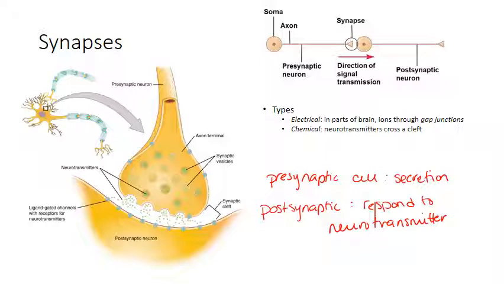Let's identify the pieces of our synapse. First of all, I'll show you here is the axon of our presynaptic neuron. Here are going to be where we have our synaptic knobs. They are communicating with the dendrites. Remember, the dendrites are where most neurons are going to receive incoming communications.